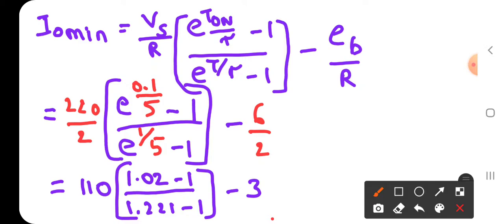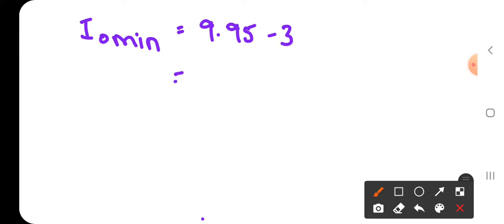This is 9.95 minus 3, approximately 6.95 amps.